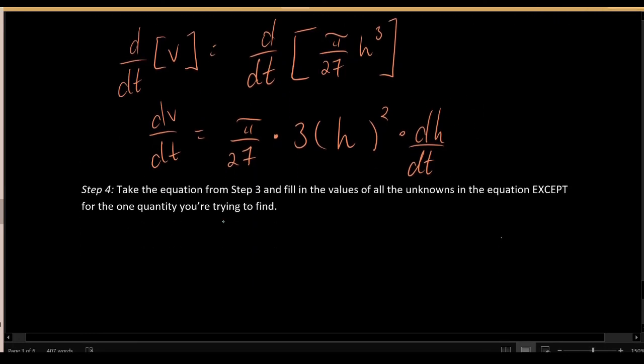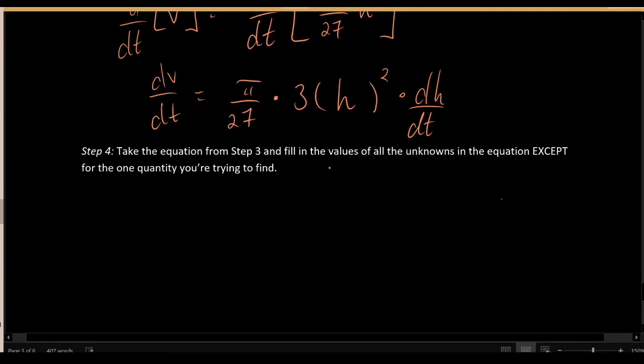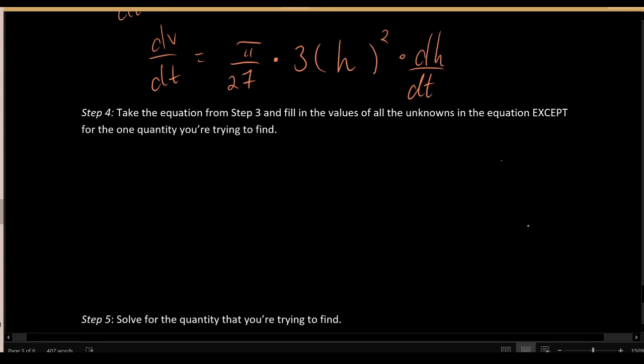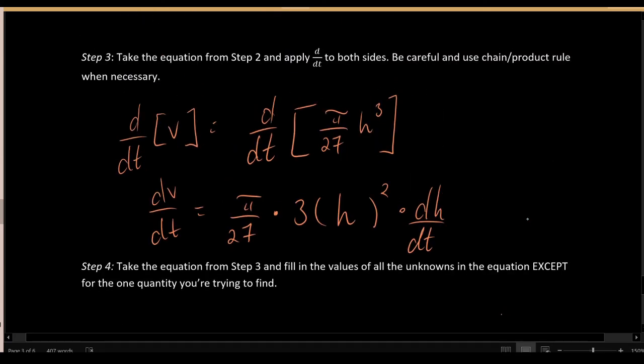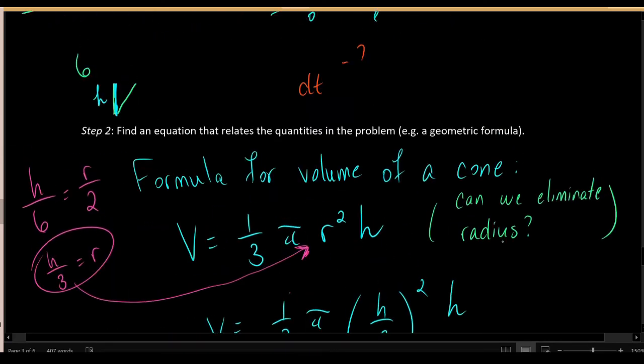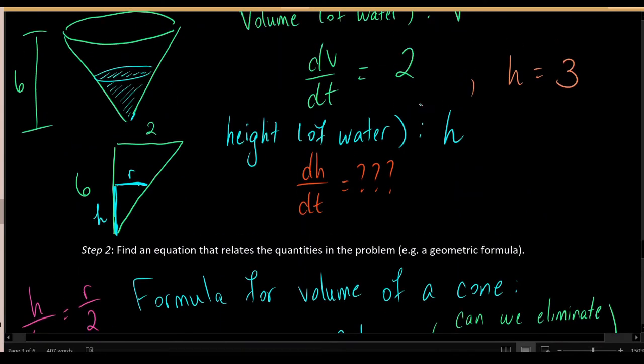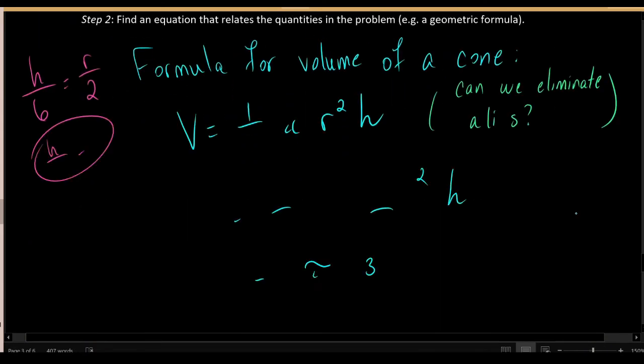Okay, so then we need to take the equation and fill in the values of all the unknowns except for the one quantity which we're trying to find. dV/dt was actually given to us as 2, and h was given as 3.